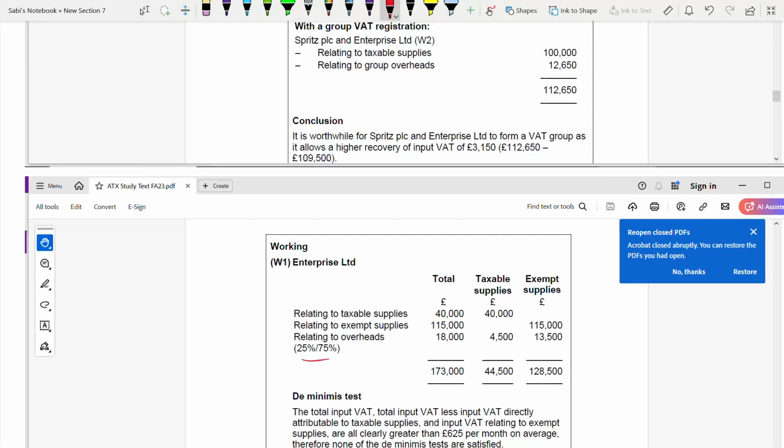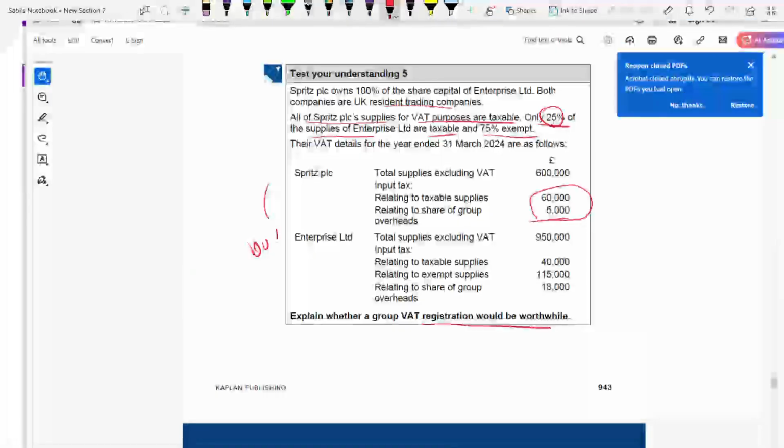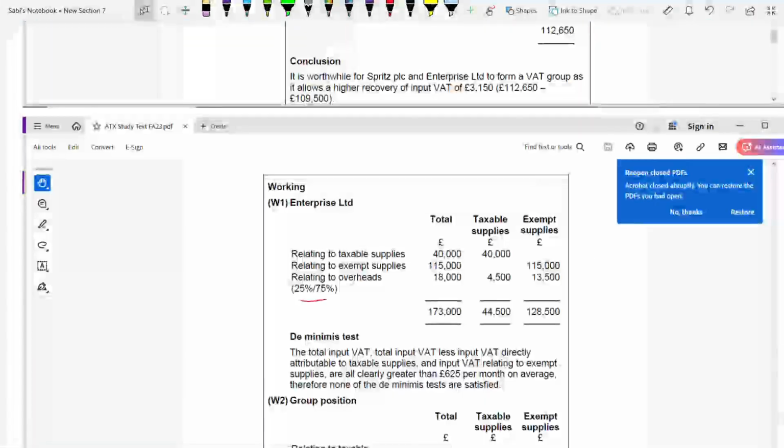So here, 40,000 taxable, 15,000 exempt and 18,000. So 18,000 you have to allocate. So this 18,000 they have given. Allocate 25, 75. Already percentage is given. Allocate, and you get.